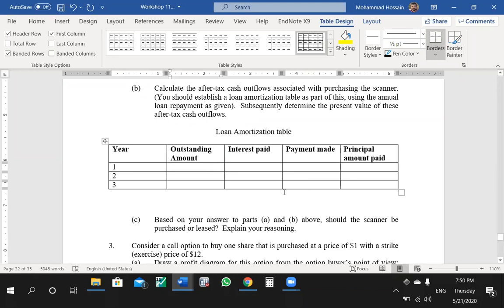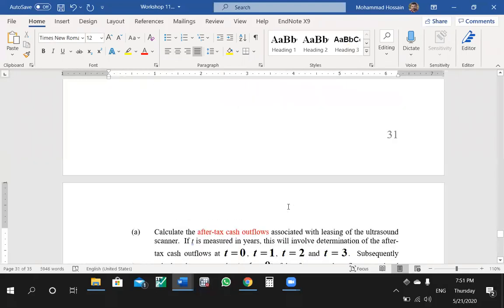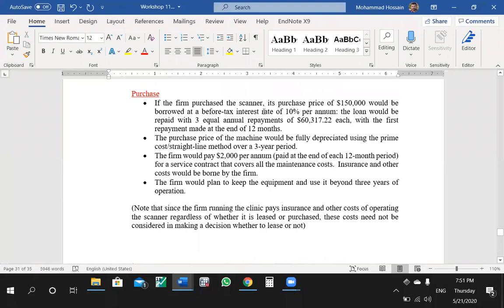They said on the first, they're gonna take $150,000 of loan. And how much will be interest? They said 10% interest rate is mentioned there. Yeah, before tax interest rate is 10%.